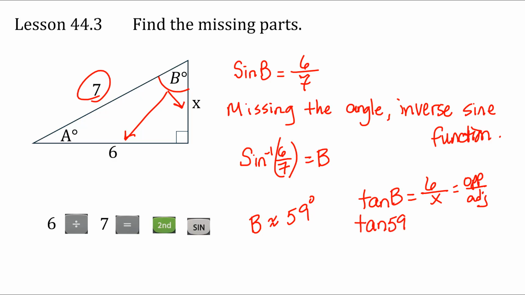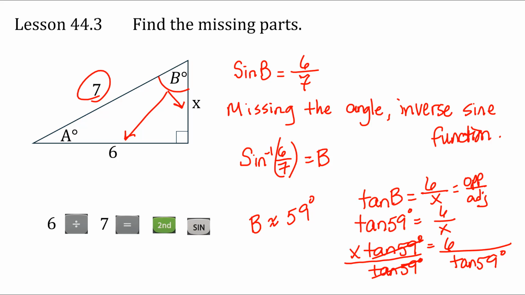That's what I'm going to put in for B. And that equals 6 over X. To get X by itself, I cannot divide by 6. That's not going to help me because X is in the denominator. So I need to multiply both sides by X, and I'll have X times tangent 59 equals 6. And now I have to divide both sides by tangent 59. That cancels, and I will punch into my calculator now.